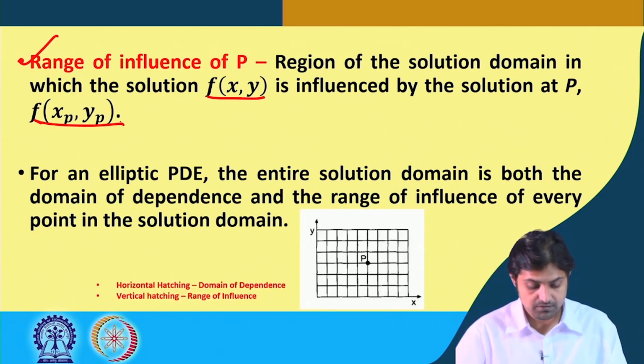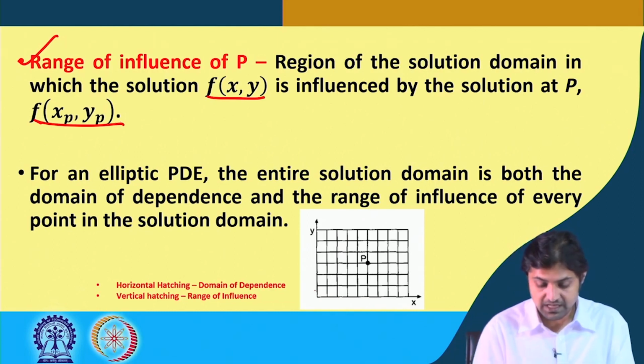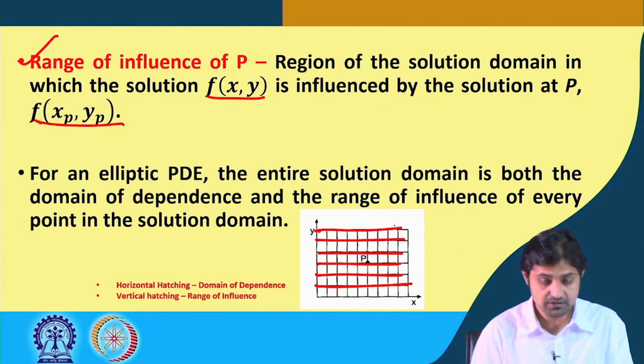All right. So, the horizontal hatching here shows the domain of dependence, whereas the vertical hatching shows the range of influence.